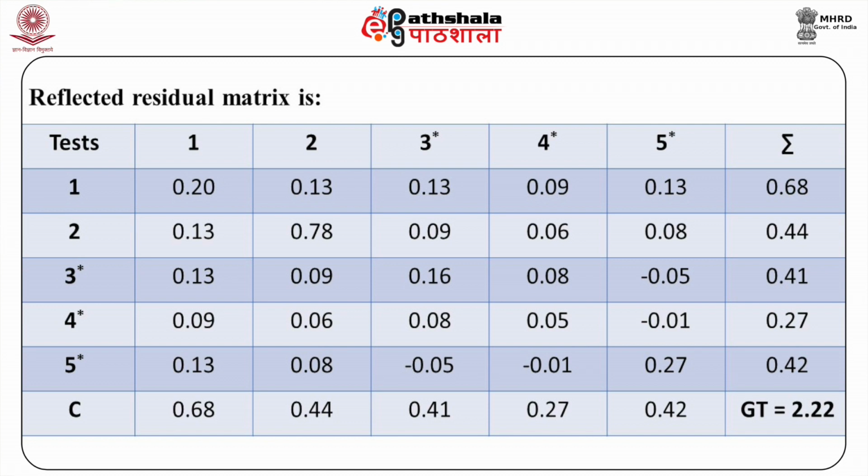For reflected test 4, 0.09 plus 0.06 plus 0.08 plus 0.05 minus 0.01 is equal to 0.27, and for reflected test 5, 0.13 plus 0.08 minus 0.05 minus 0.01 plus 0.27 is equal to 0.42, making the grand total equal to 2.22. The second factor loadings is step 8.